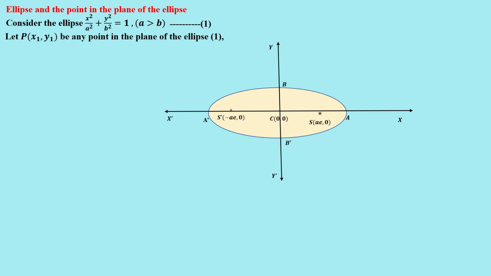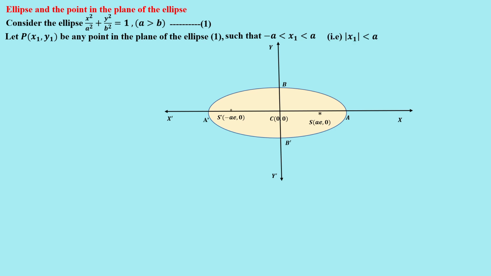Let P(x1, y1) be any point on the plane. So this is the plane, such that we are choosing the point to lie between minus a and plus a. Then only it will come inside the major axis, within that limit. Otherwise it will go outside.